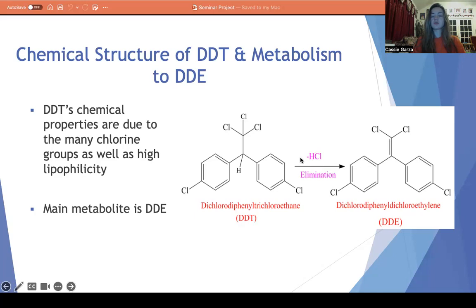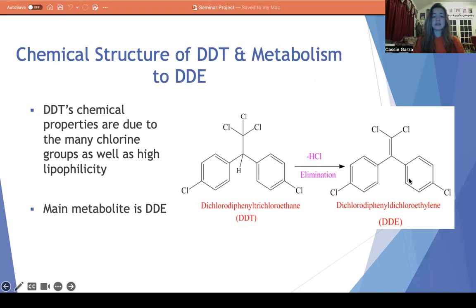So the total atoms that you end up missing are like a hydrochloric acid molecule. Anyway, DDE is the major metabolite of DDT, as I mentioned. In the body, it's converted by the protein cytochrome P450. This protein is actually very prominent in the metabolism of many drugs in the body.